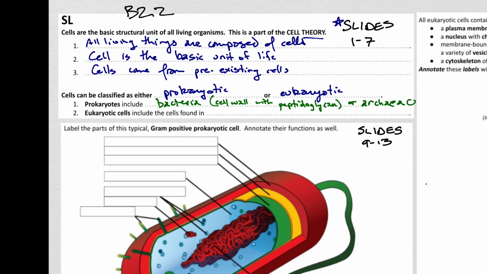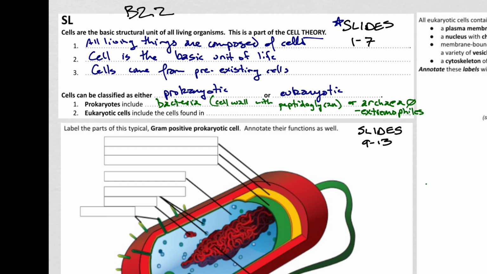Archaea do not have a cell wall with peptidoglycan in it, and quite often archaea are termed extremophiles because they live in very intense environments like high salt, very acidic, or very hot environments. There are a lot of interesting classifications of extreme environments, but we don't need to go into any more detail than that.